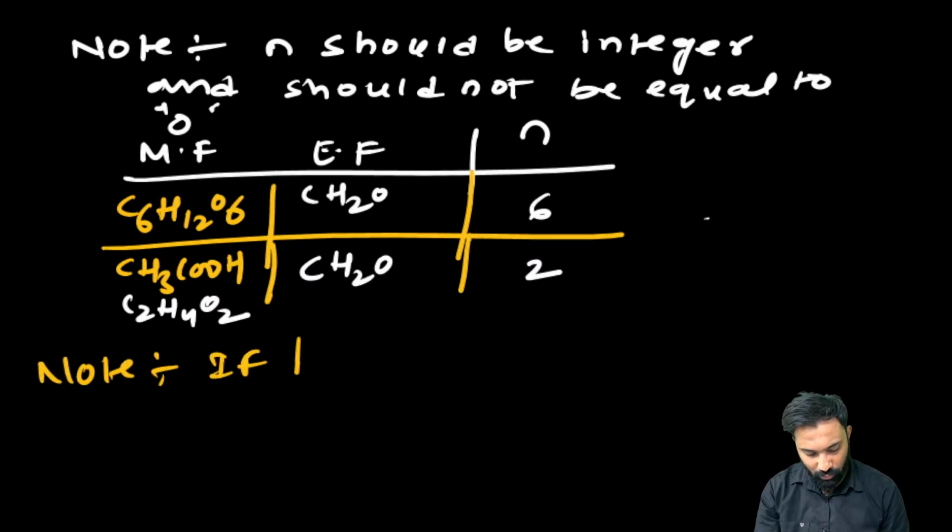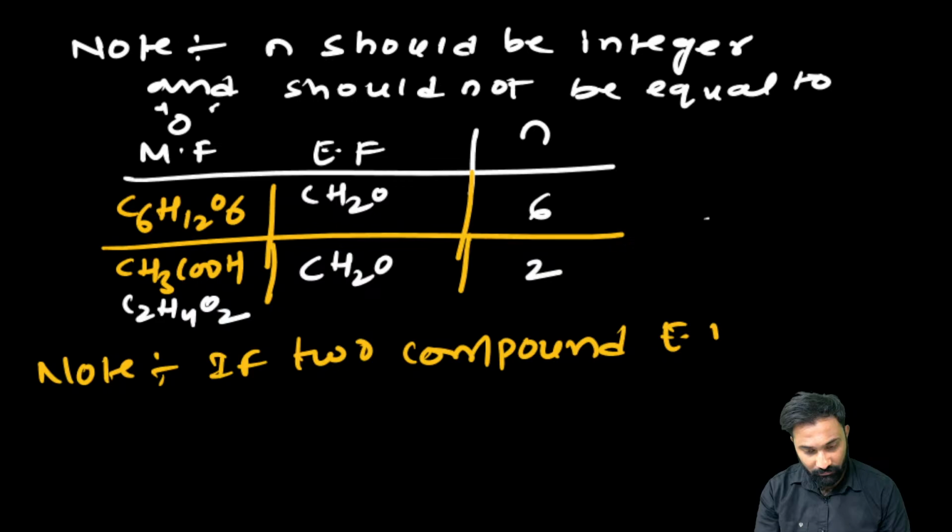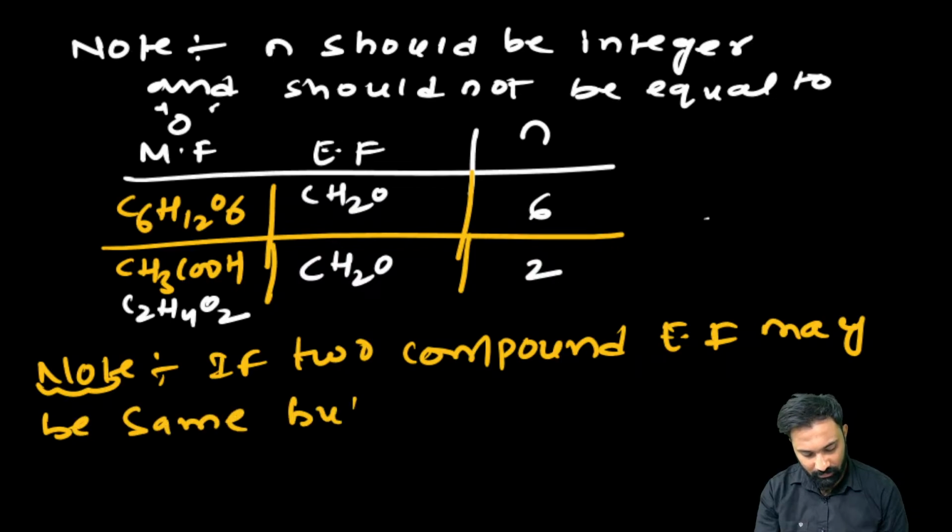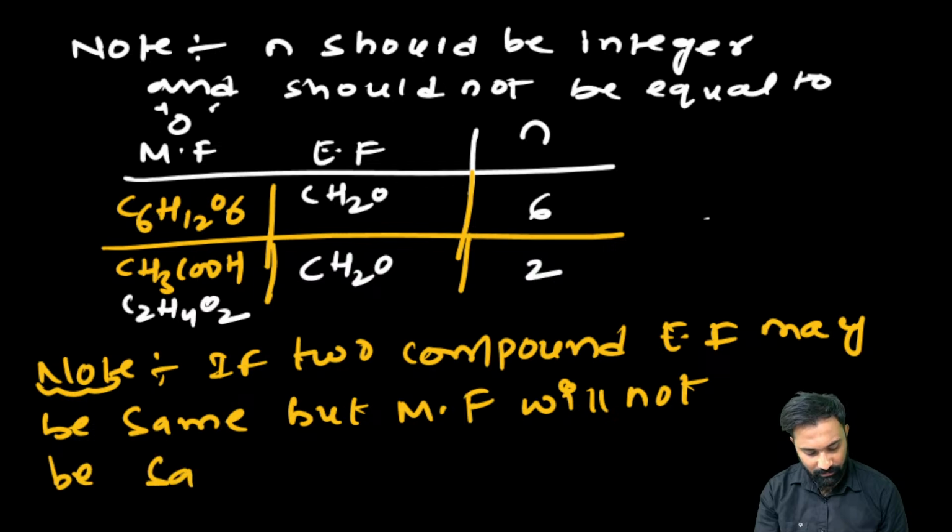If two compounds, their empirical formula may be same, but the molecular formula will not be same. This is the one key point you have to remember.